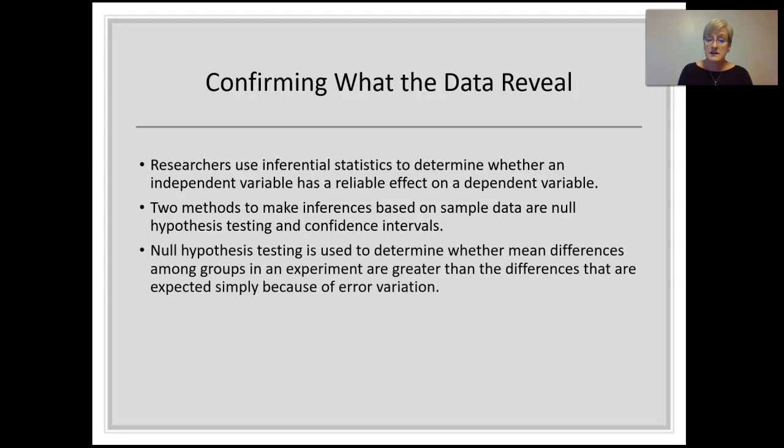In null hypothesis testing, in independent groups designs, we're trying to determine whether or not the mean differences that might be evident between groups, say between your experimental group and your control group, are greater than the differences that would have occurred naturally just by random chance.